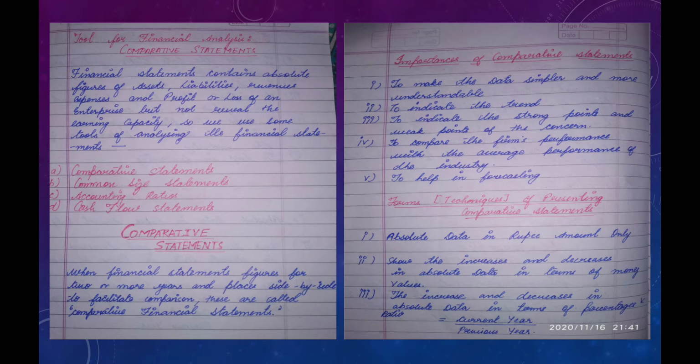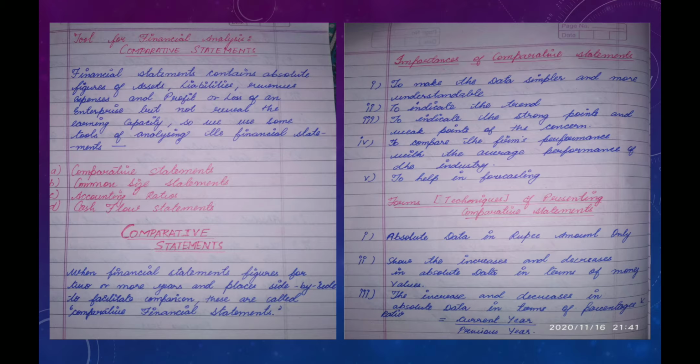So what is comparative statement? First of all, we have to know what is financial statement. In class 11th, you prepared financial statements which contain the figures of assets, liabilities, revenues, expenses and profit and loss of the enterprise, but do not reveal the earning capacity.